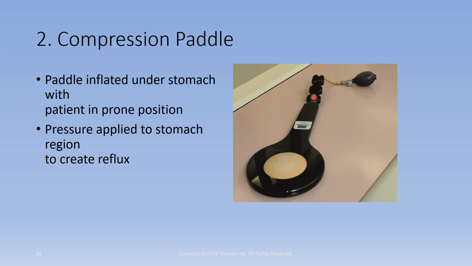So the radiologist or fluoroscopist would hold on to this, inflate it as much as they wanted, and then they can use that paddle to kind of push and move the barium around to look at different things in the patient's stomach or intestines as they need to. But this is used instead of them placing their hand in the path of the primary beam. Actually, during fluoro, it wouldn't be the primary beam, it would actually be the remnant beam. But they use this paddle as an arm extension.